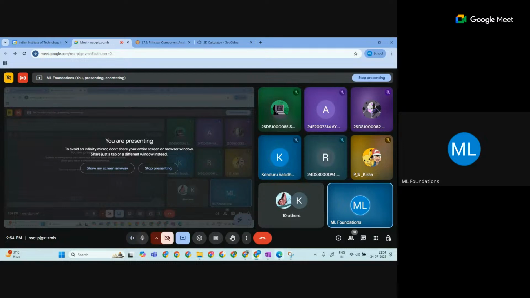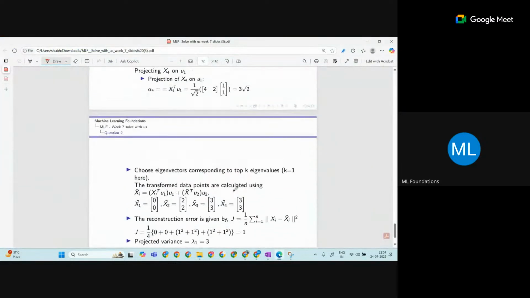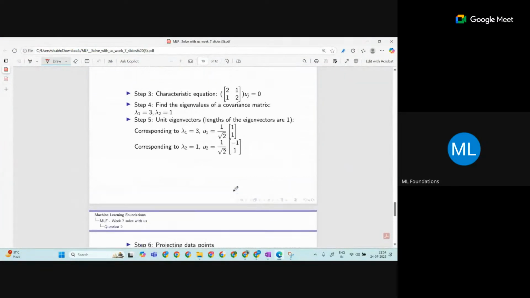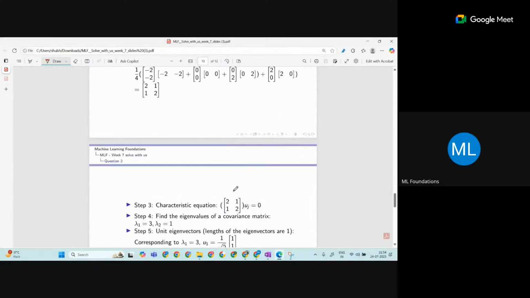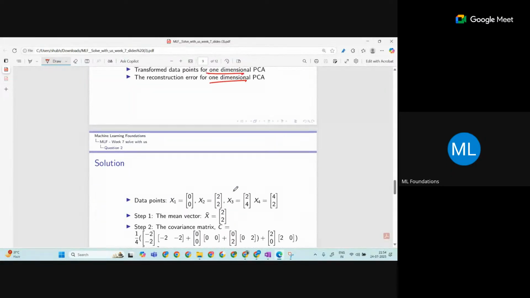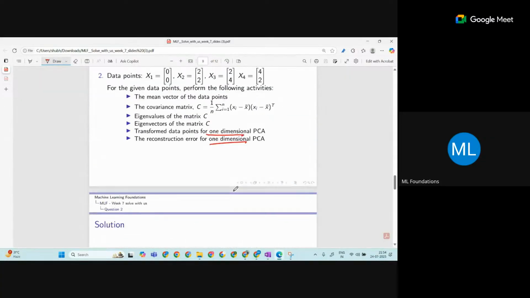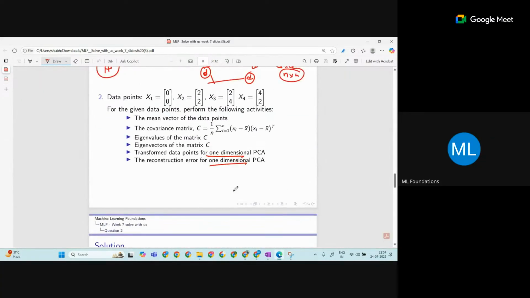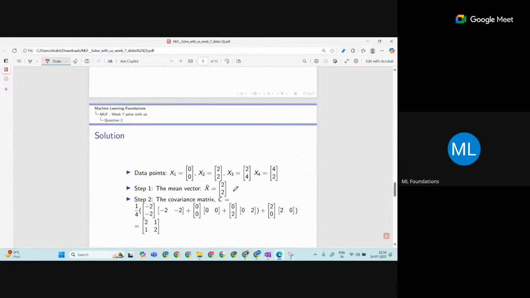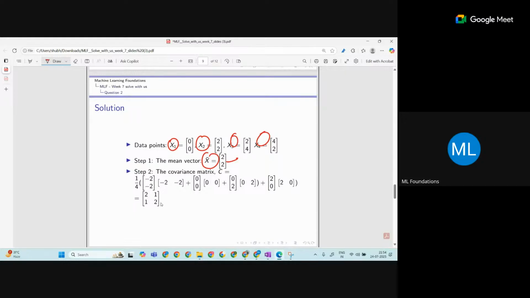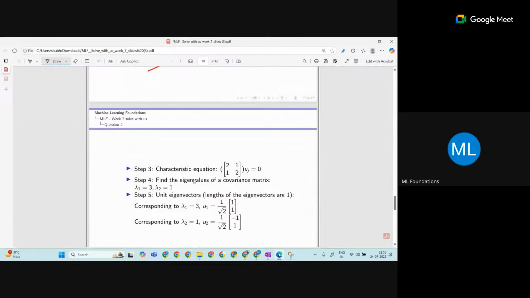I'm just quickly proceeding with exactly the same steps. These are the data set you have, x1, x2, x3. You have to calculate the mean, which is again 2, 2. The covariance matrix you have to calculate, which is this one. Now we find the roots of it, which are 3 and 1.